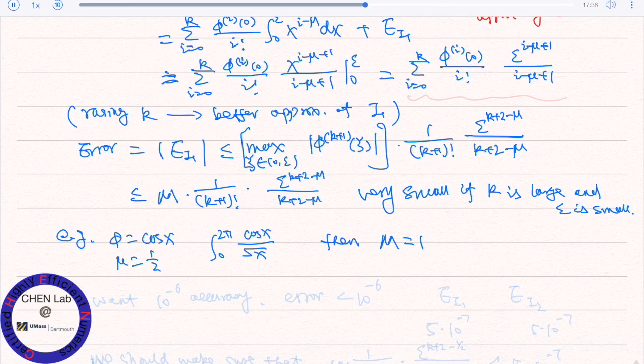So what we're saying here is the following. If you want 6 digits accuracy, 10 to the negative 6 accuracy, our goal is to figure out how many intervals we should use, what is k, and so forth. Which means the error is less than 10 to the negative 6. We have error from I1 and error from I2.